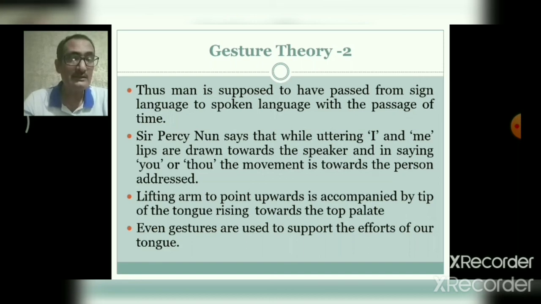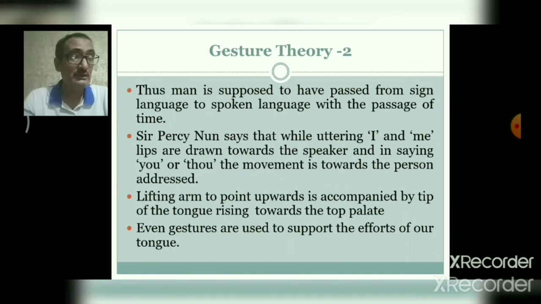So when you are using the sound I or me, or the word you or thou, the features are also supporting those sounds. So in a way, the words or the sounds are supported with some gestures.